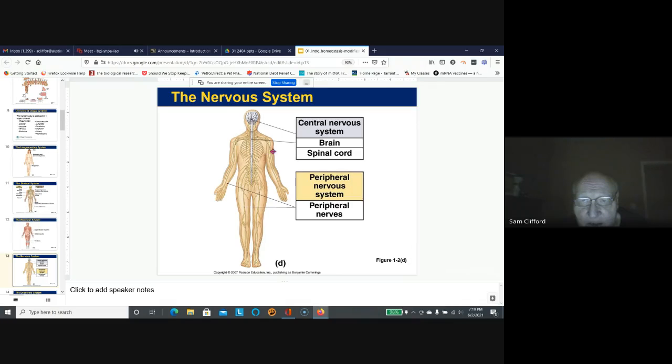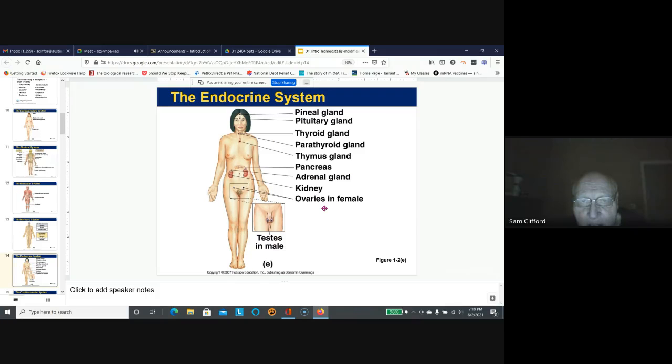The nervous system has a central nervous system, brain and spinal cord. Everything else is the peripheral nervous system. Endocrine system produces hormones, everything from thyroxine to parathyroid hormone to insulin to corticosteroids to erythropoietin, which stimulates red blood cell production.